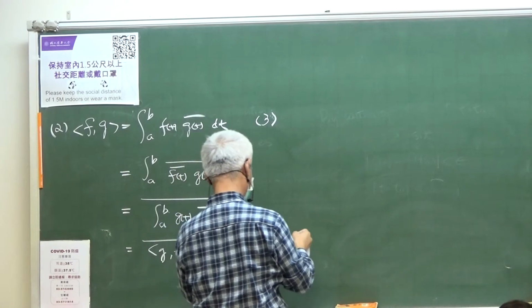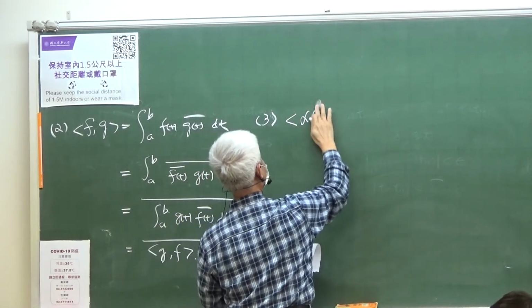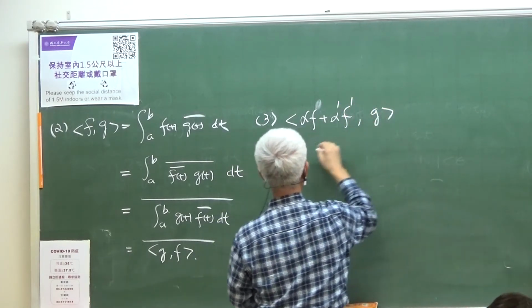The third property, linearity. Take alpha f plus alpha prime f prime and g.